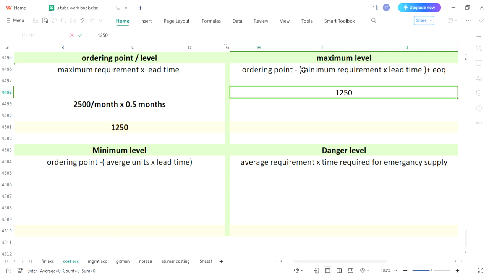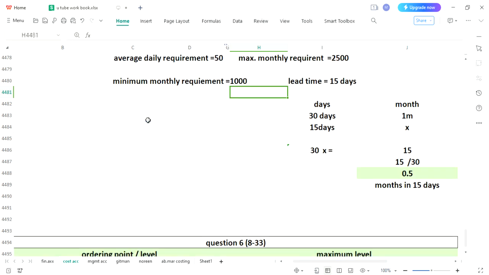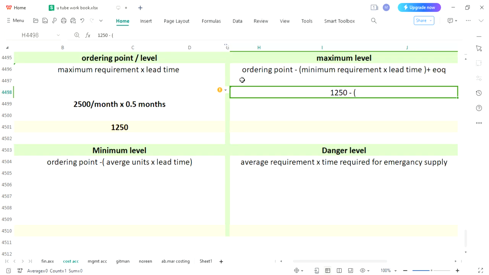Then we will follow the formula, minus bracket start minimum requirement. Minimum requirement would be given in the question, and you will go back, and here you can see minimum monthly requirement is 1000. So you will write over here 1000 per month, and then you will multiply lead time, which has already been discussed, 0.5.